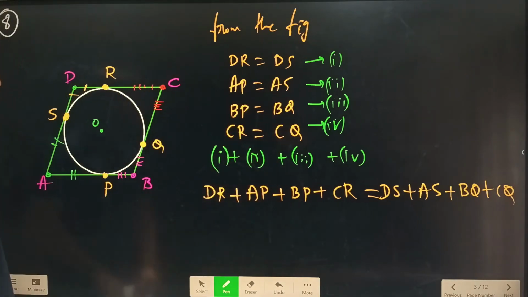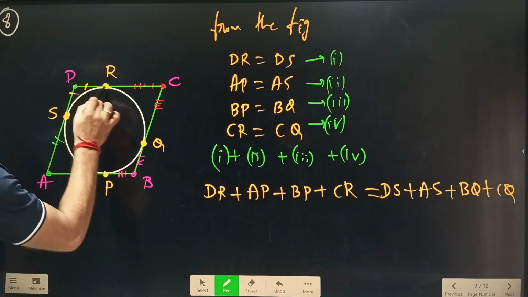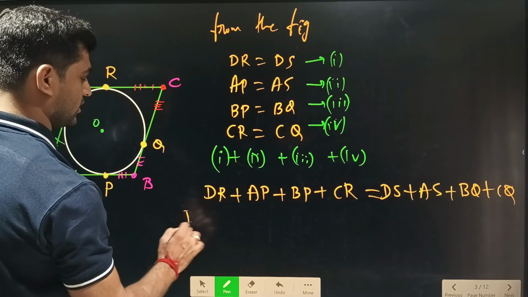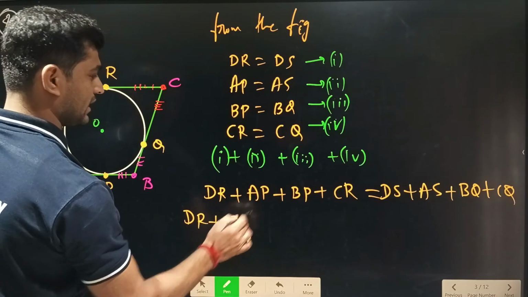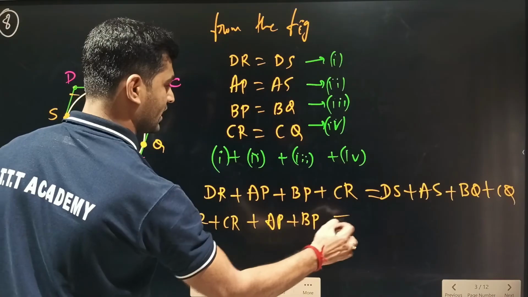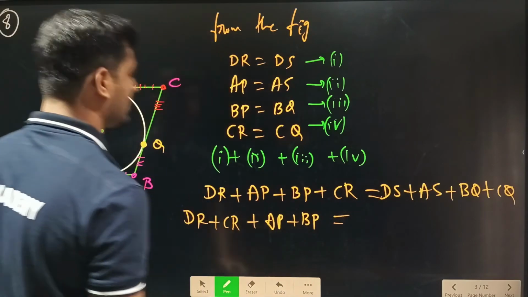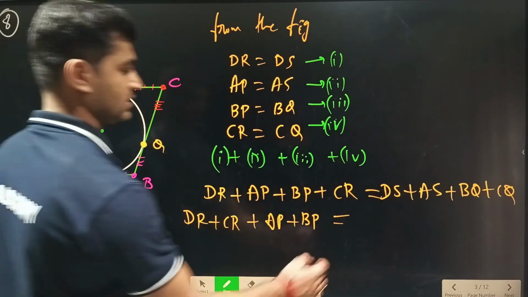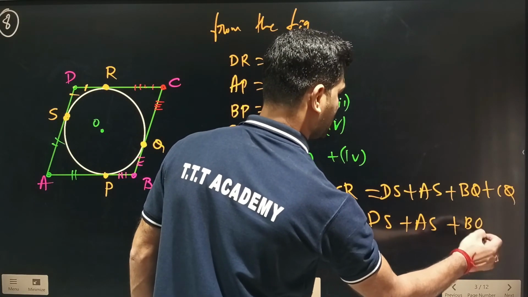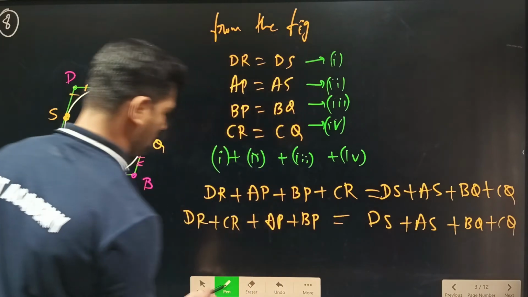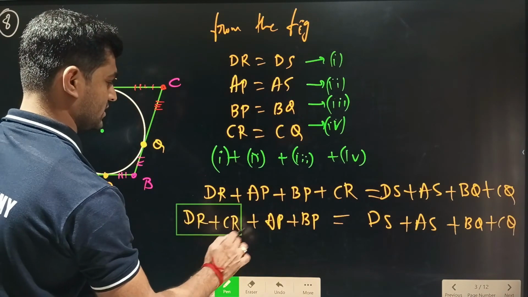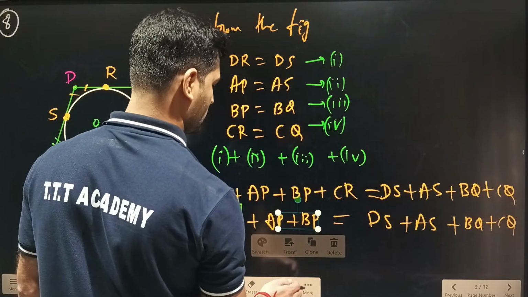So now observe, let's write DR and CR side by side. DR plus CR, plus AP plus BP, equals DS plus AS plus BQ plus CQ. Now, dear friends, I am just grouping. I will tell you the reason later. Observe this.